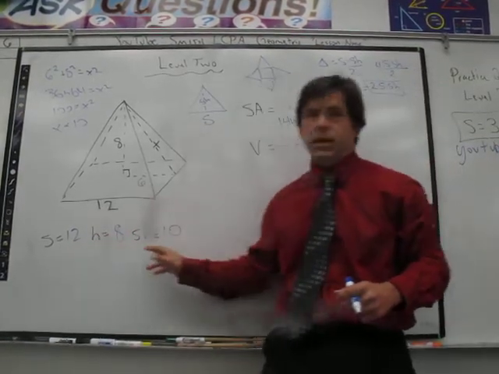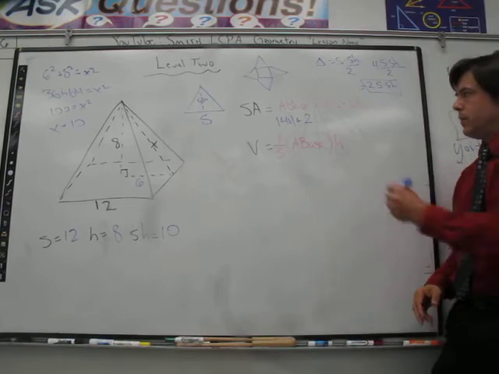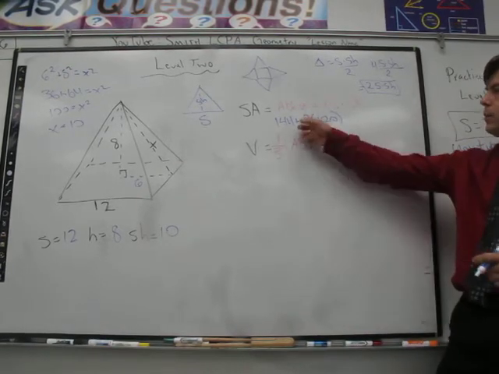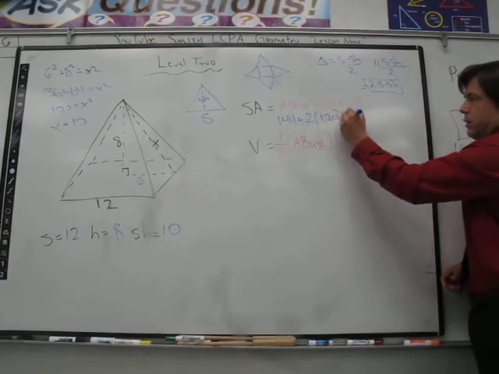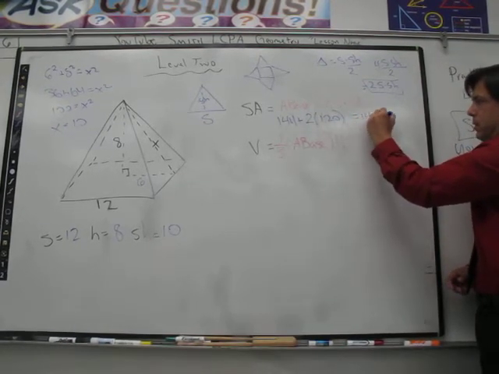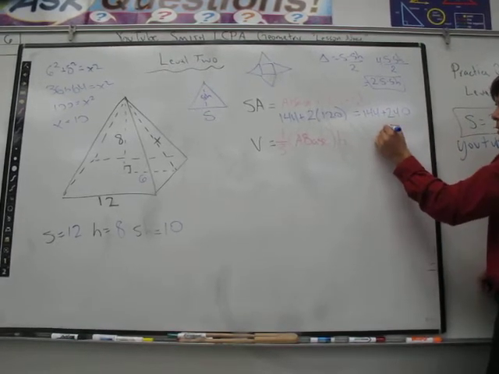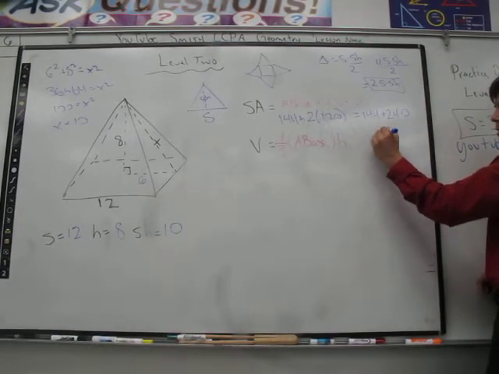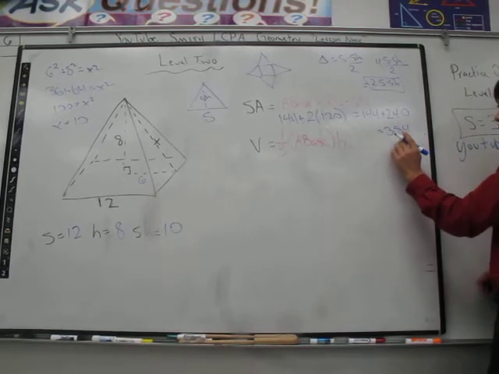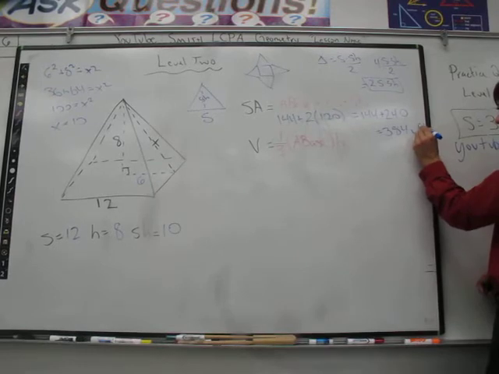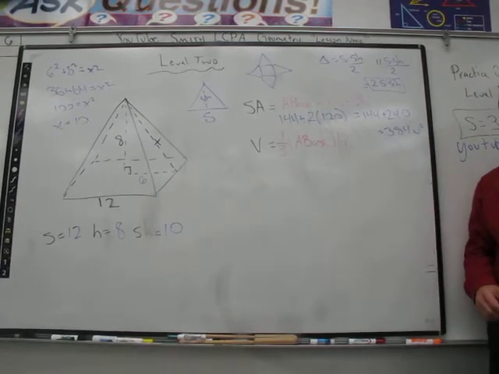What is 12 times 10? 120. Okay. So what's 2 times 120? 240. And what is 144 plus 240? 384 units squared.